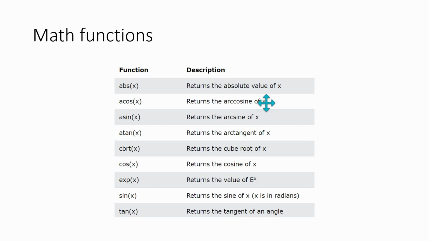There is the absolute value of x, cosine, sine, tangent, etc. Besides this, there is also power of x, square root of x, exponential of x. So you don't have to write a function that does this calculation for you. Having these libraries is supposed to make your life a whole lot easier.